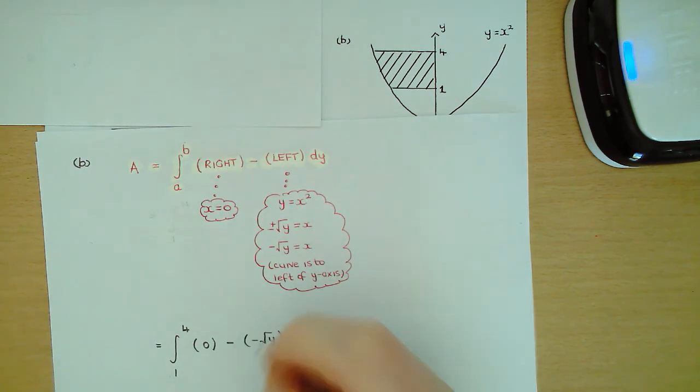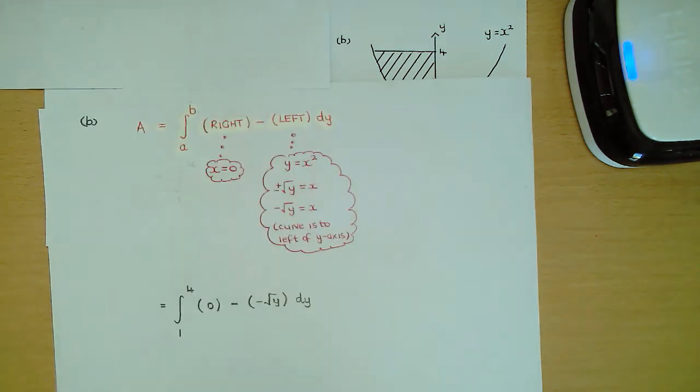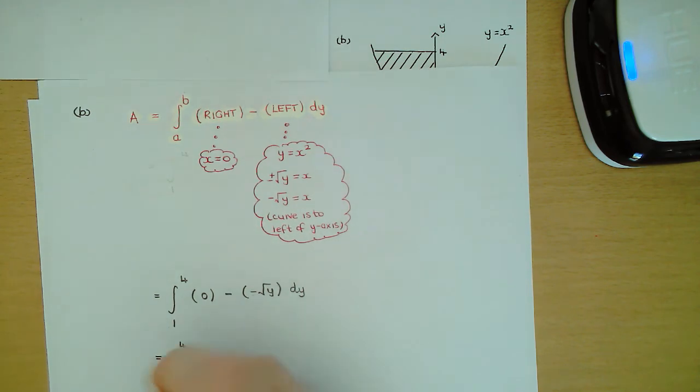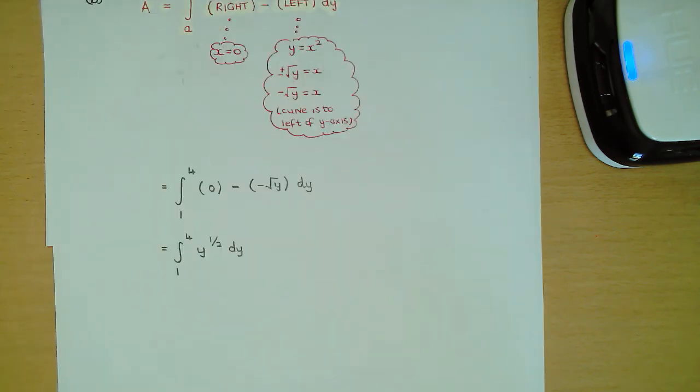And then we are integrating with respect to y. So tidy it up: multiplying this second bracket by the minus, minus times minus is plus. So we now have the integral between 1 and 4 of positive root y. Now positive root y is just y to the power of a half, dy.